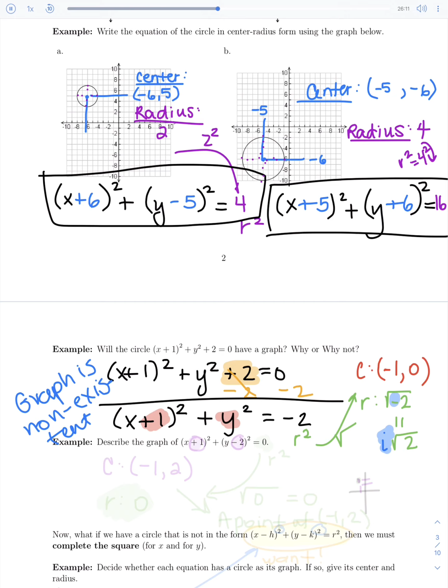Now let's take a look at the next one. Now the next one is not the same problem. We can still start out by looking at the center with what's along with the x's and what's along with the y's and taking the opposite because they're inside of parentheses. So for the center, because I see a +1, we'd actually use a -1 as our x coordinate for the center.